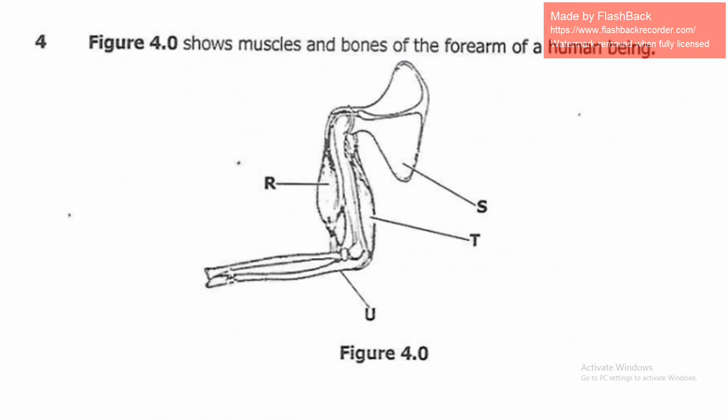Then the last type of joints, which is my favorite, we call them synovial joints. These joints are said to be movable, and synovial joints are categorized further. We have what we call the hinge joint.